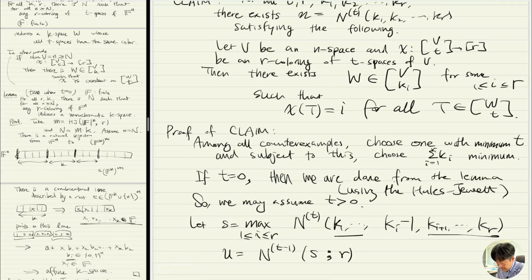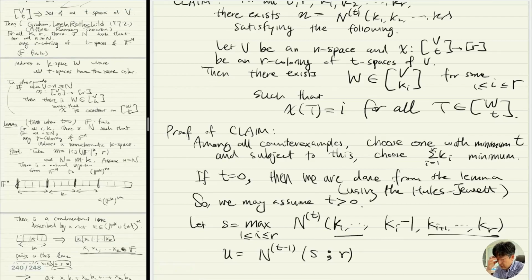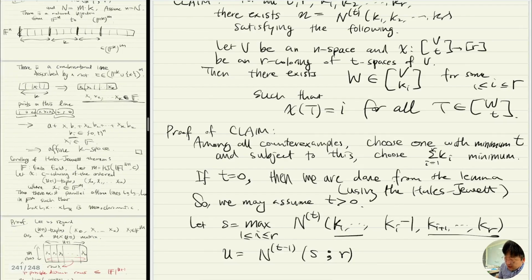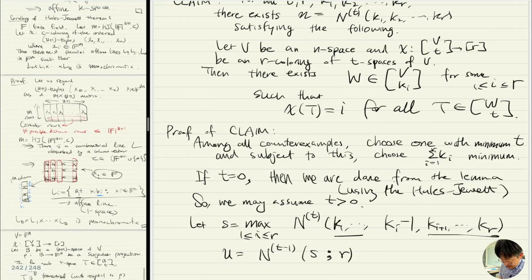We already have a function for the affine Ramsey theorem, so this is that function, and I need a function for this.